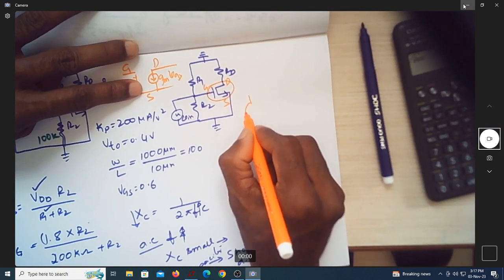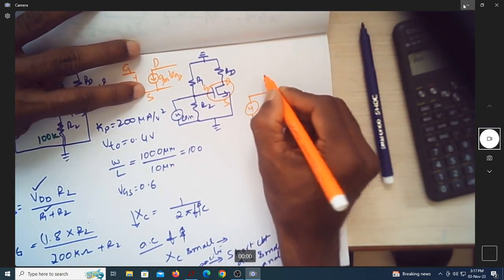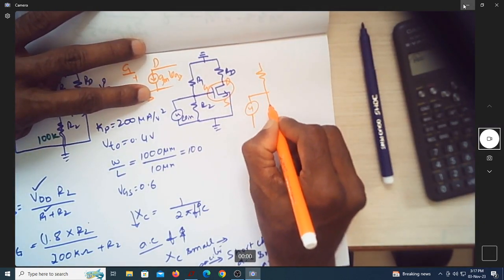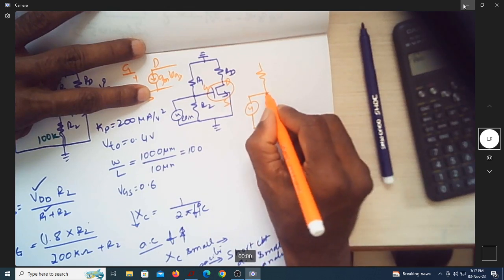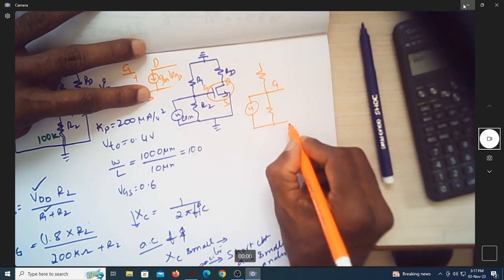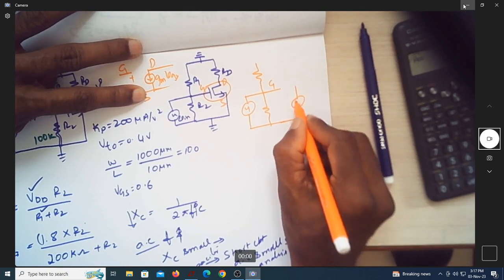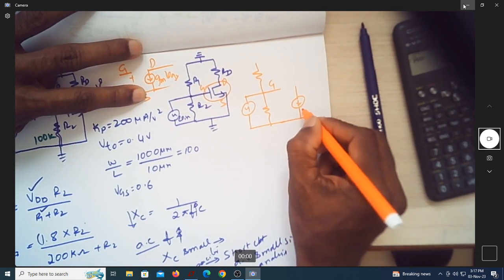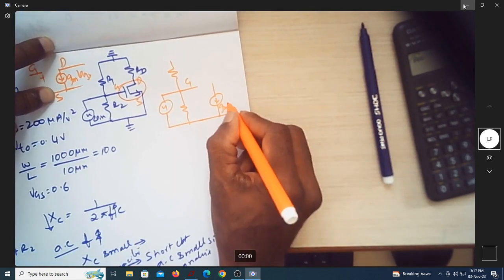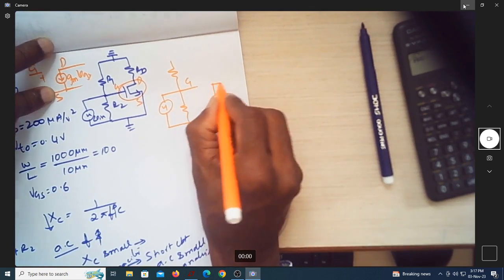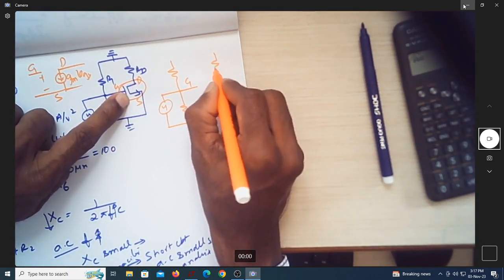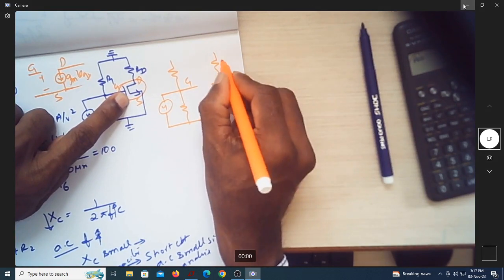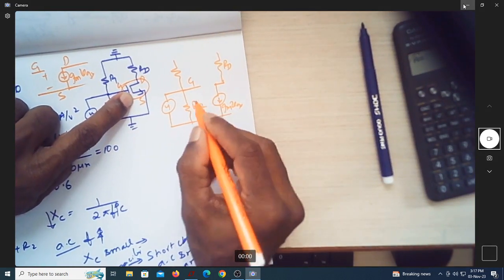You have the input. This is your R1, this is R2. Can you see this is gate? Can you see this is gm into VGS? Can you see this is drain? Shall I say this is RD? This is R2.